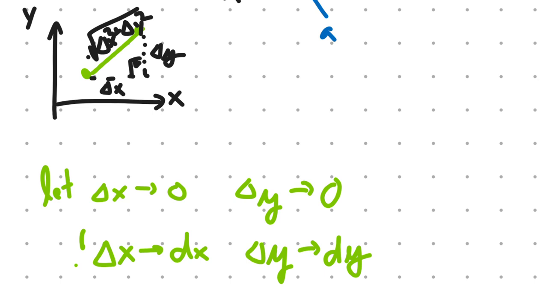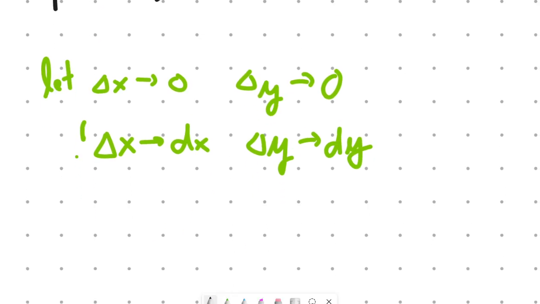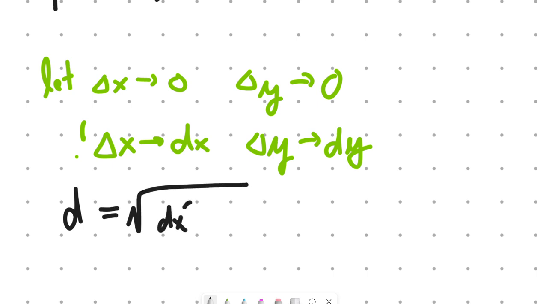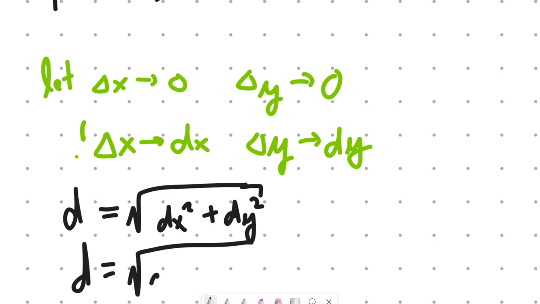Now, if we want to talk about the distance, the hypotenuse will be the square root of dx squared plus dy squared. Okay, now we're going to factor out the dx squared. Now it will be 1 plus dy squared over dx squared.